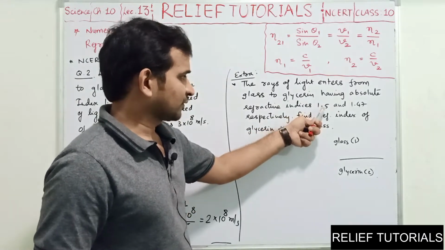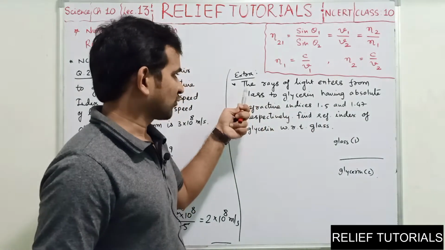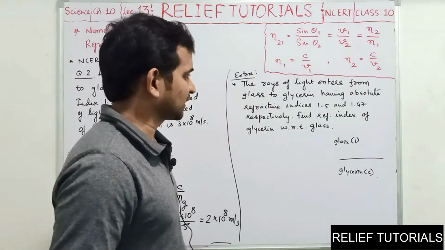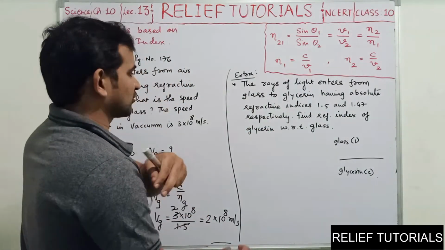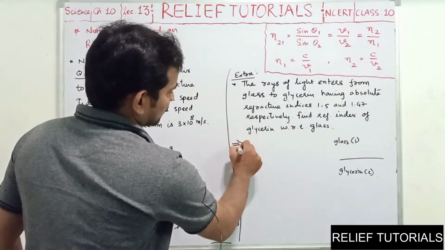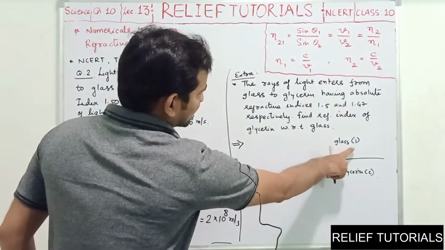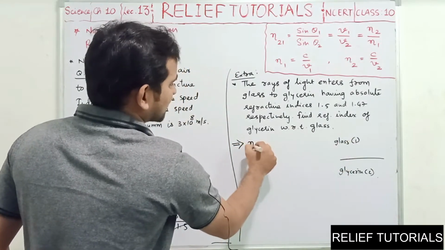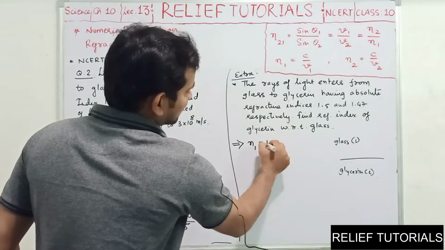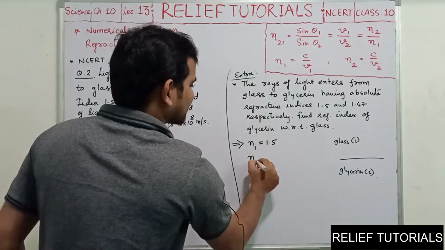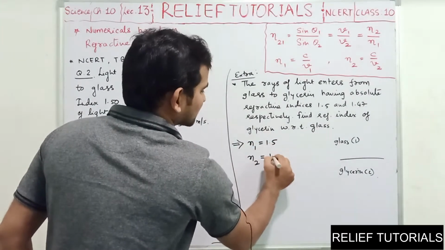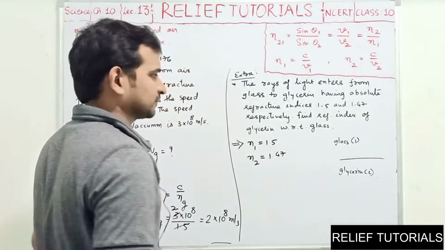So 1.5 is the absolute refractive index of glass and 1.47 is the absolute refractive index of glycerine. Glass being medium number 1, eta 1 is given as 1.5 and eta 2 is given as 1.47.